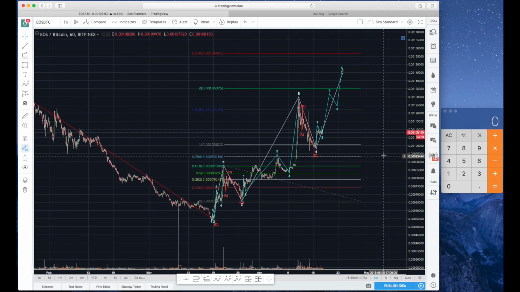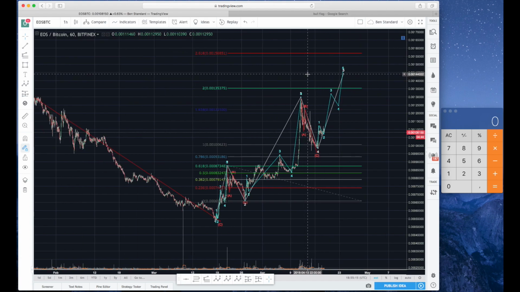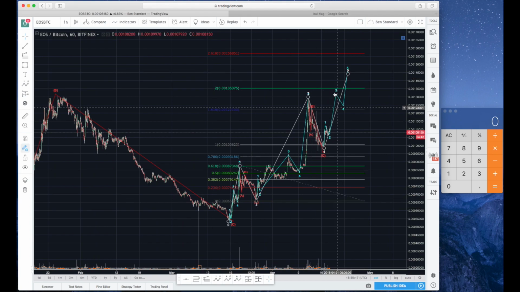And the fifth wave is usually as long as the first wave, or 2.618 of the first wave.